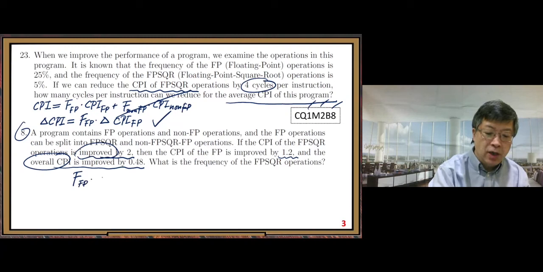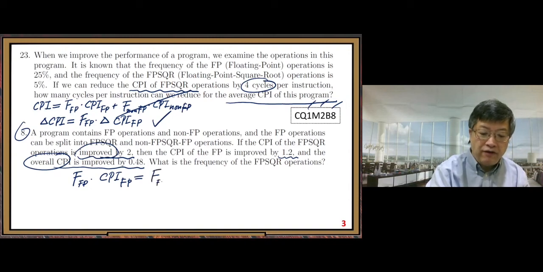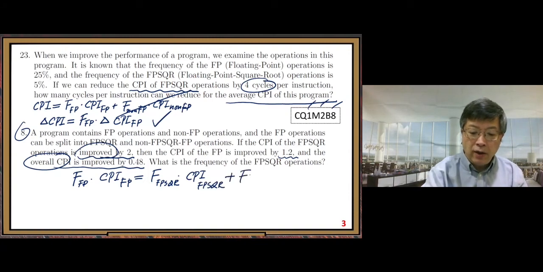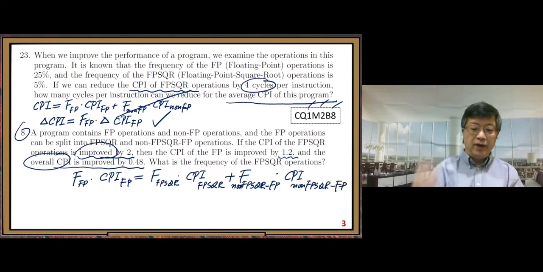FP times CPI FP equals FPSQR times CPI FPSQR plus the second term, frequency of non-FPSQR within FP times CPI non-FPSQR within FP.